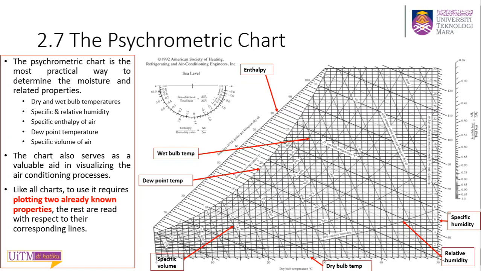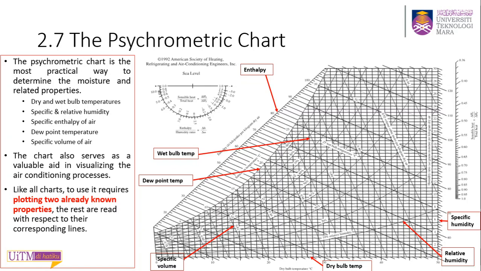If we read properly at the axis there, it is written that the unit for omega here is in grams moisture per kilogram dry air. But remember, the unit for omega is in kilograms vapor over kilogram dry air, so we have to divide these values by 1000 to convert the unit. All right, so that is for specific humidity.